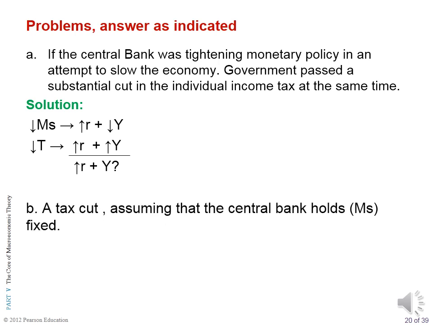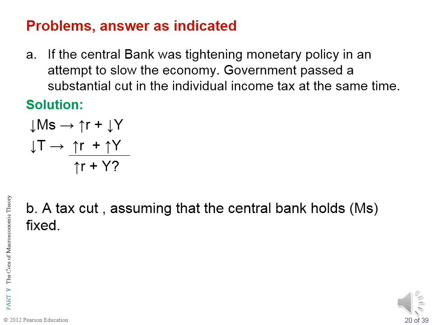B. A tax cut, assuming that the central bank holds the money supply fixed. There is no monetary policy, but we have expansionary fiscal policy, a tax cut. A decrease in T will increase consumption, right?